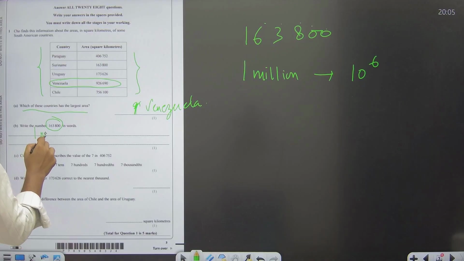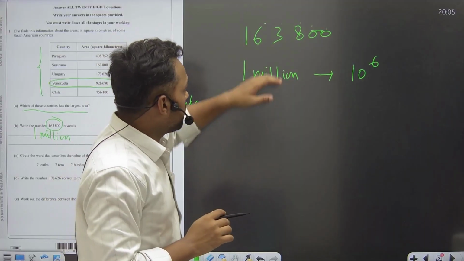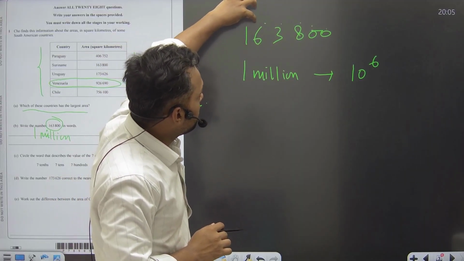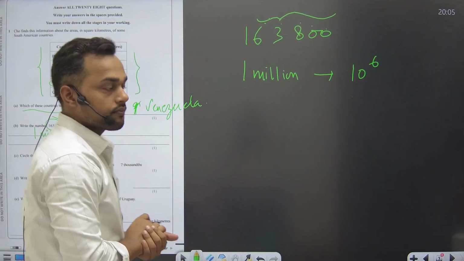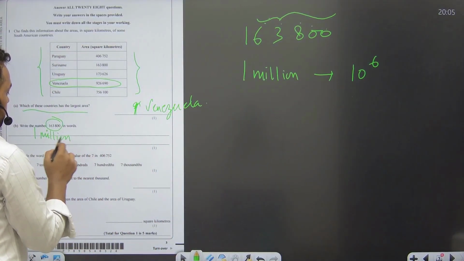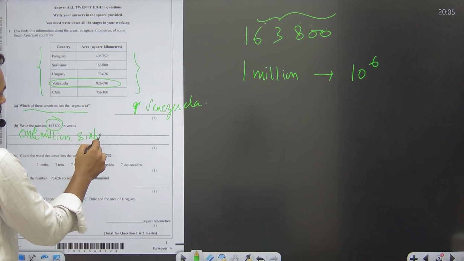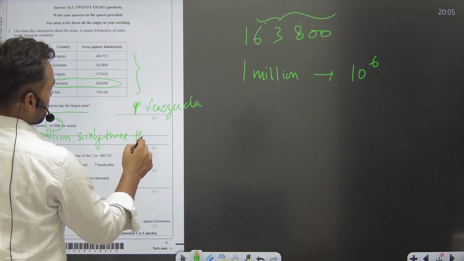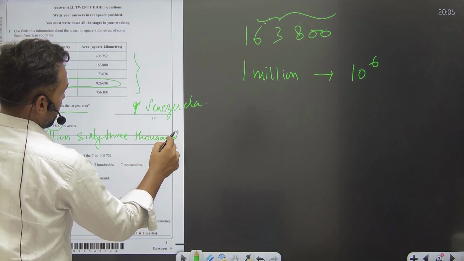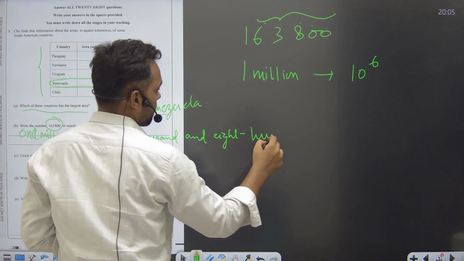You need to figure out first whether it is millions, tens of millions or trillions. So here you will see that it is 1,063,800.